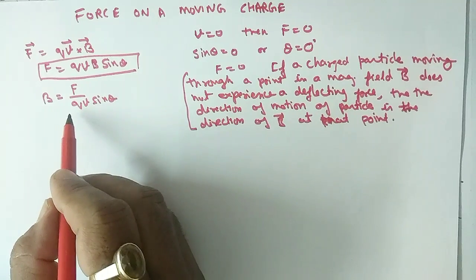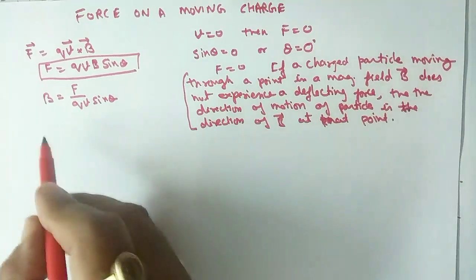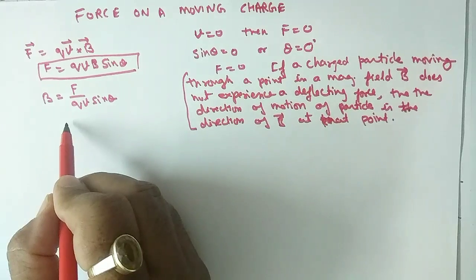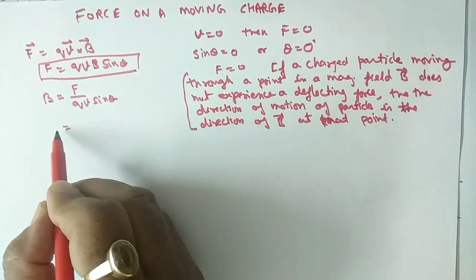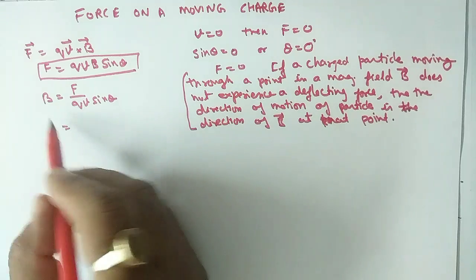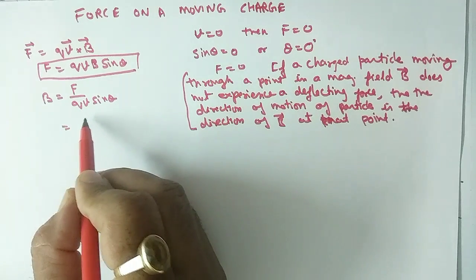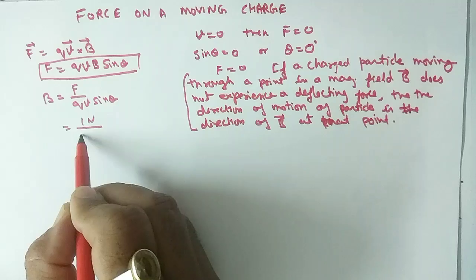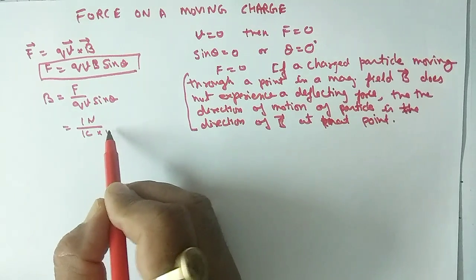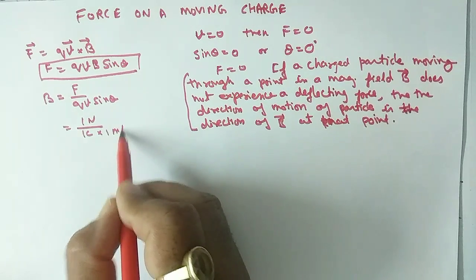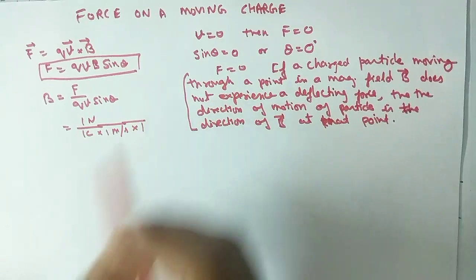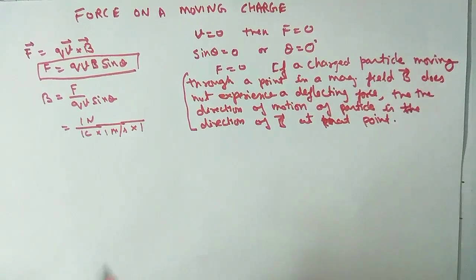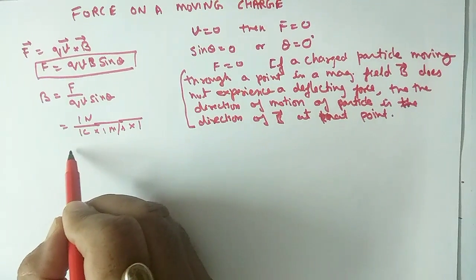If we put in the values, suppose we take unity for all of these, to find the unit of B from this formula. So it is 1 Newton, 1 Coulomb, and speed is 1 meter per second, and take sin θ = 1 because it enters at 90 degrees.